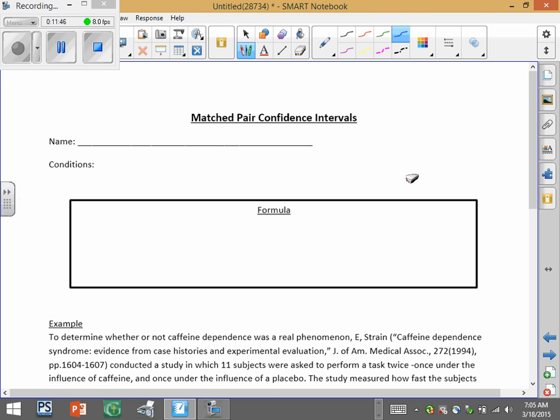Now, matched pairs interval. This would just be a matched pairs t-interval, and here the conditions are the exact same as the matched pairs t-test.